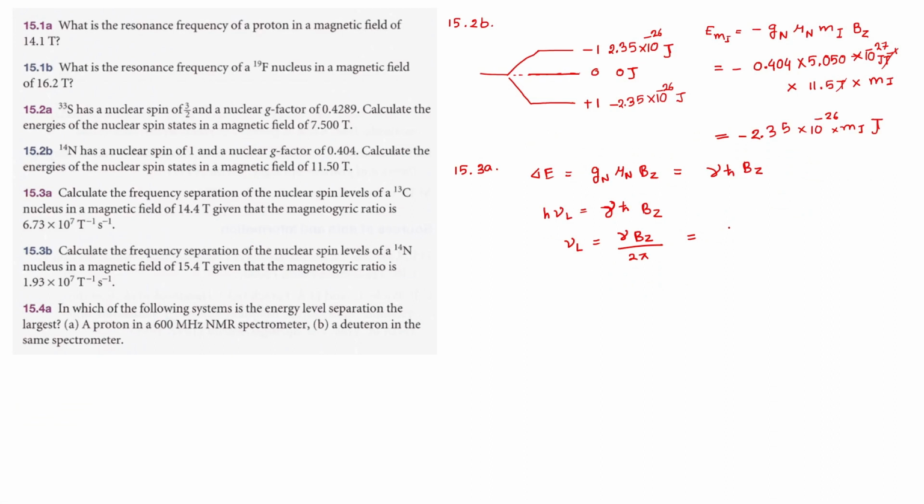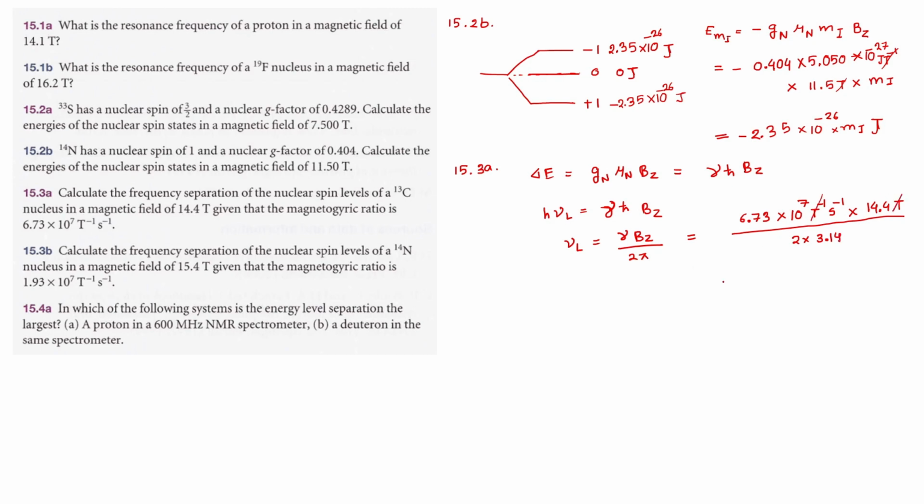Now let us put the values. 6.73 into 10 to the power 7 Tesla inverse second inverse. Bz value is also given, 14.4 Tesla, divided by 2 into 3.14, right?